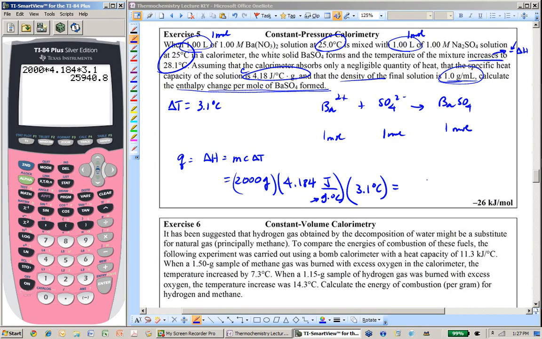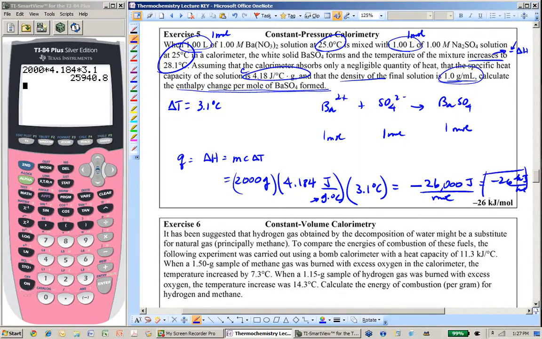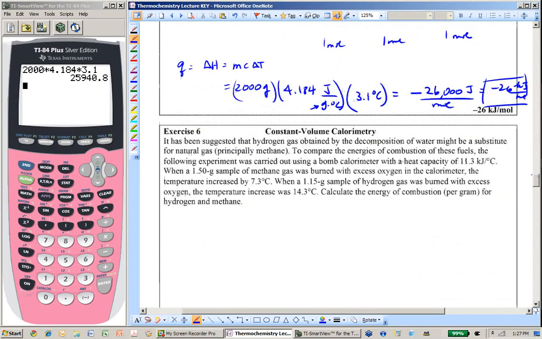So that is equal to negative 26,000 joules, which is negative 26 kilojoules per mole. Oops. There we are. Okay. This works out way better when you try the problem yourself first.